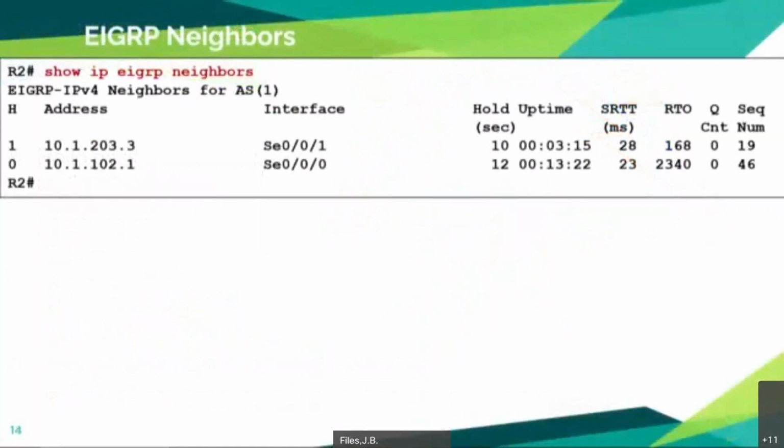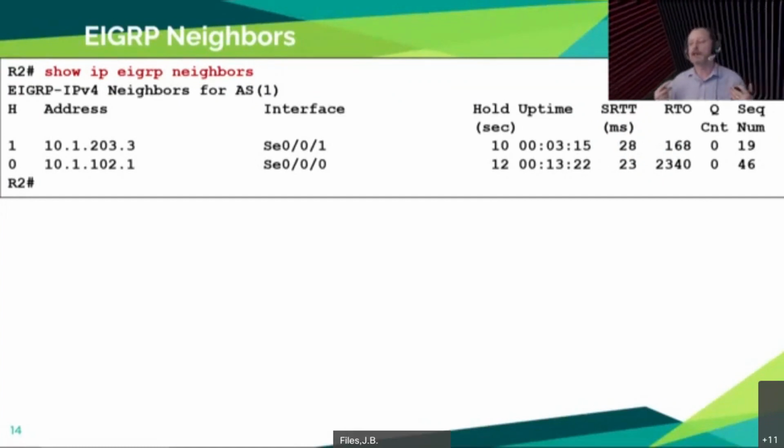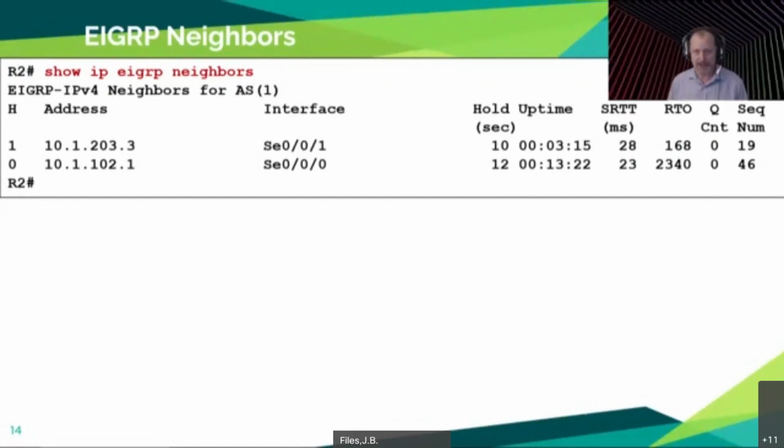One of the most important commands is the show ip eigrp neighbors. And this goes for OSPF too, or even BGP really. One of the first things that you need to do when you're troubleshooting is verify that the neighbor relationship is up, because the first thing that routers are going to do is create adjacencies, right?